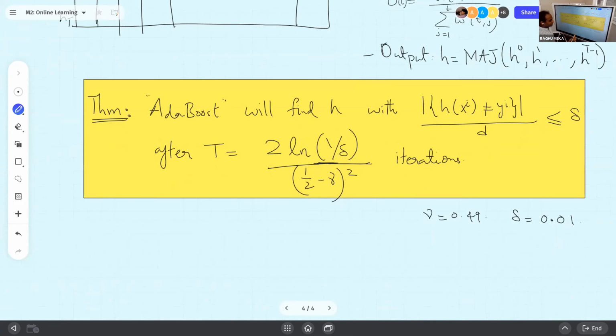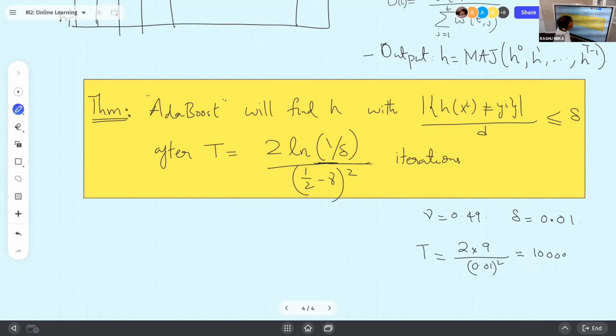Then how many iterations do you need? Basically something like 2 times log of 1 over 100, which is maybe like 9, divided by 0.01 squared. So this is something like 10,000.